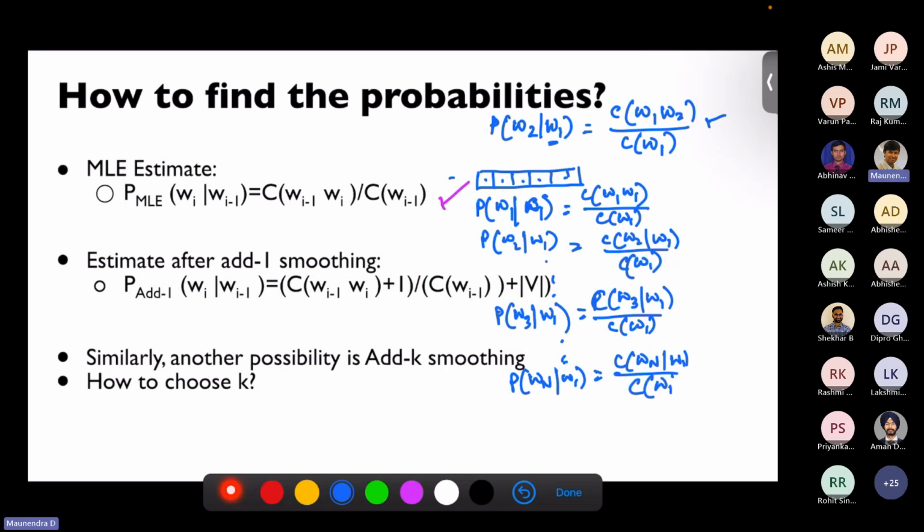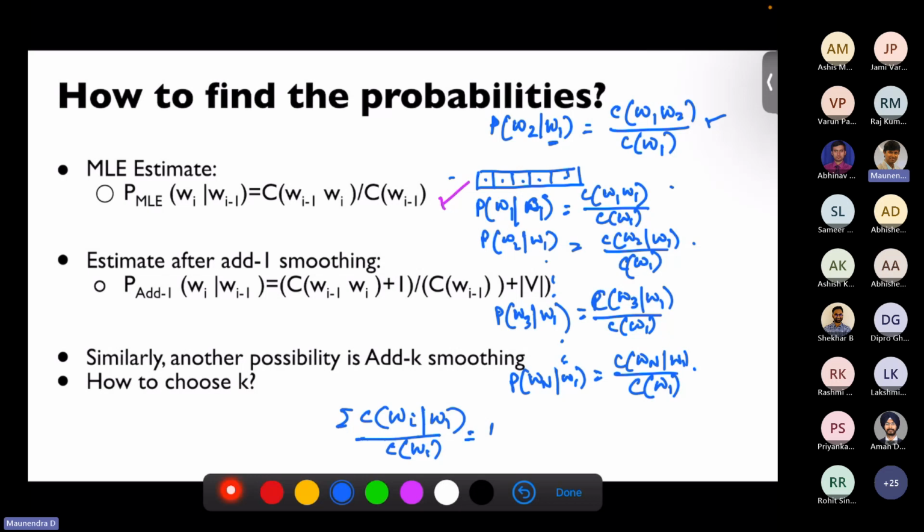And suppose in case w1 is the last word of a sentence, the next word is a full stop or a special stop symbol, and that also is considered as one of these n words in the vocabulary. So if you sum these up, you get summation of count of wi w1 divided by count of w1, which is equal to 1. After w1, every time something or other will occur. So all those things we are counting either here or here, if w2 occurs, if w3 occurs, if wn occurs. Whatever occurs in either of these numerator counts gets absorbed. So finally this summation will be 1.